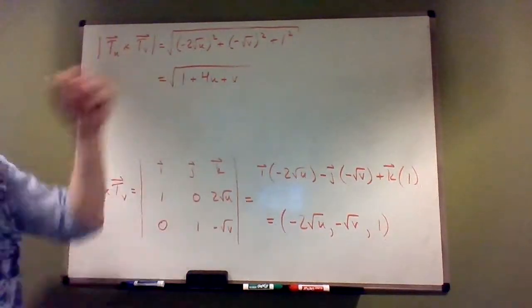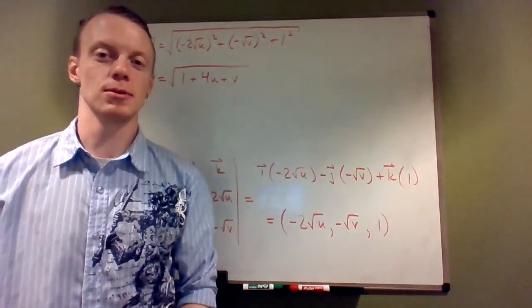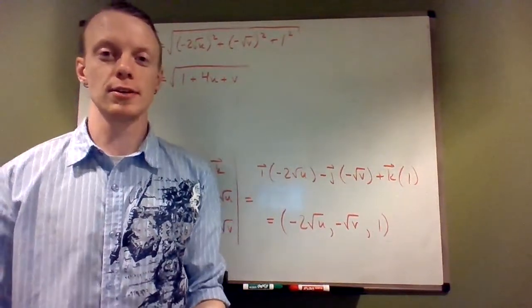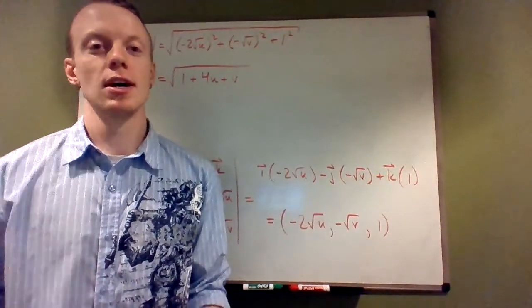So this is going to become the integrand in our double integral, and taking the double integral of this is what's going to give us our surface area.